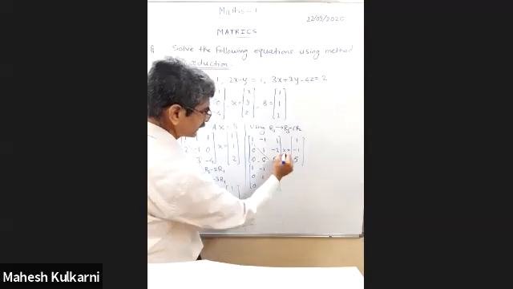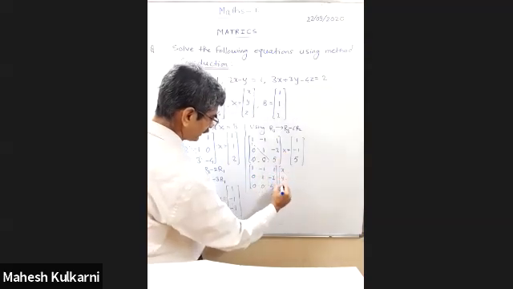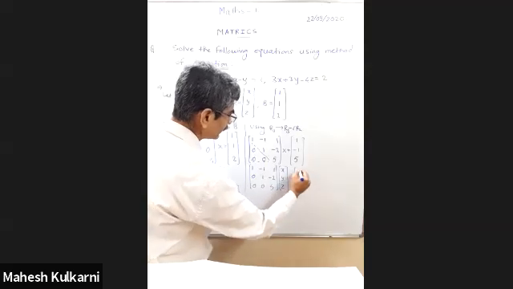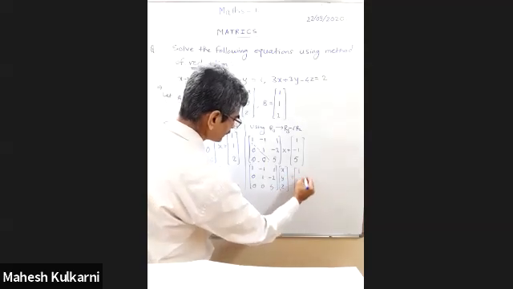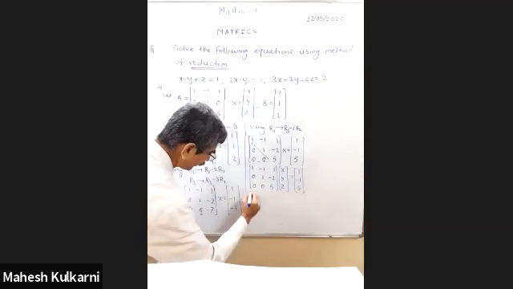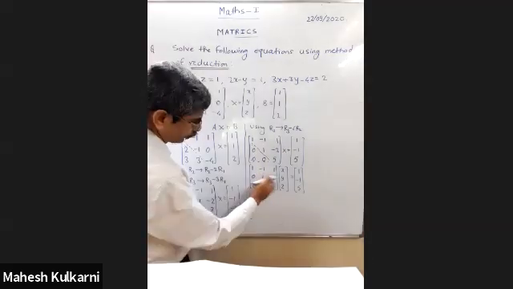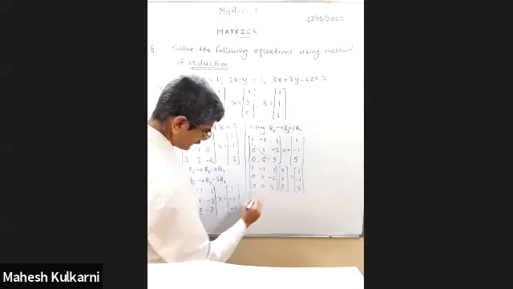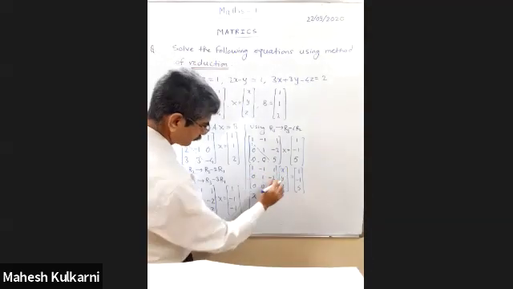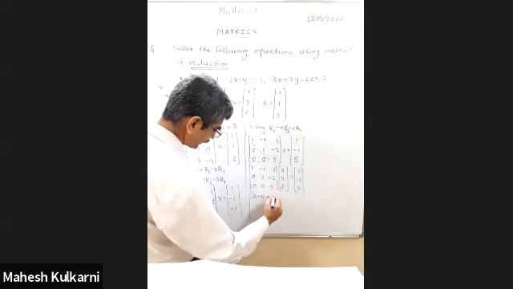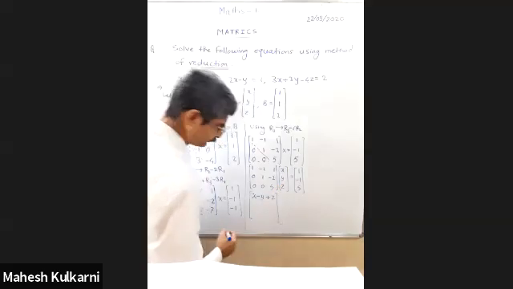What is matrix X? It is the matrix of variables, and on the right hand side it is 1 minus 1 5. Now we are going to multiply this matrix, first row with this column. So 1 into x, x minus 1 into y, plus 1 into z, plus z. So this is the first row.